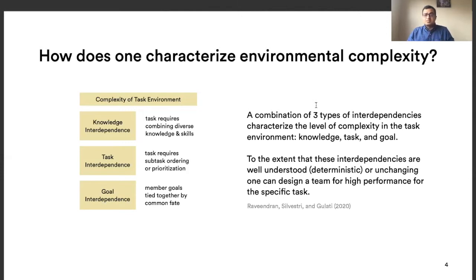And goal interdependence talks about how the different members are tied together to a common fate. To the extent we understand how these interdependencies exist in the task environment, we can pre-design the team to achieve high performance.